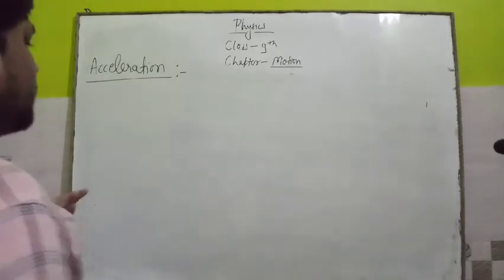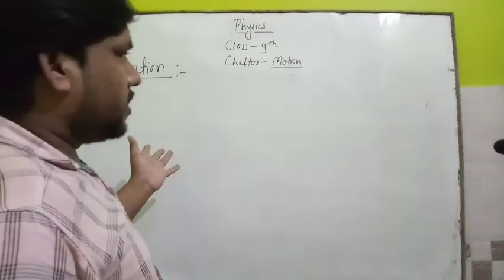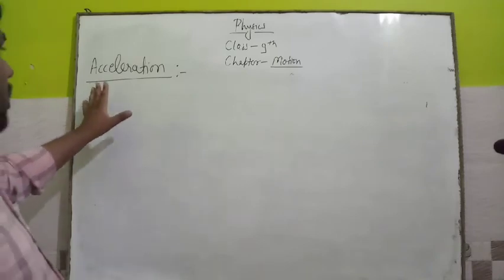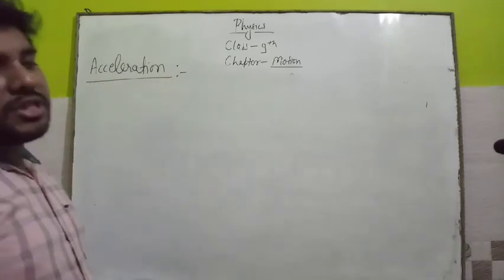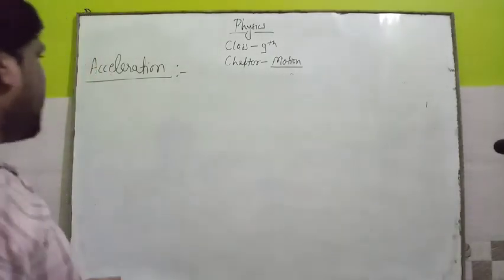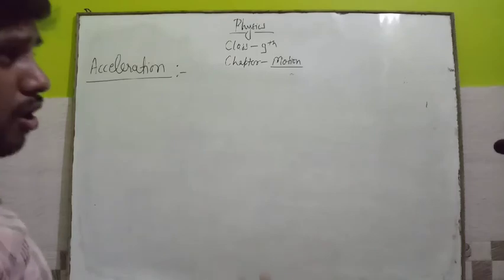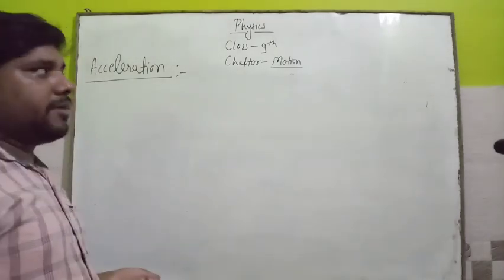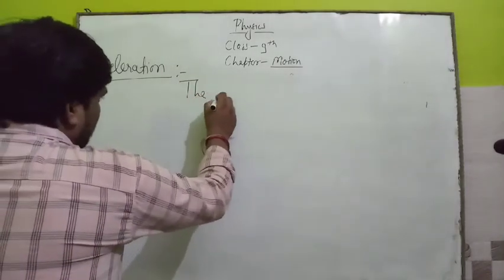When velocity increases or decreases, that is a change in velocity. So the rate of change of velocity is known as acceleration, or the change in velocity with respect to time.